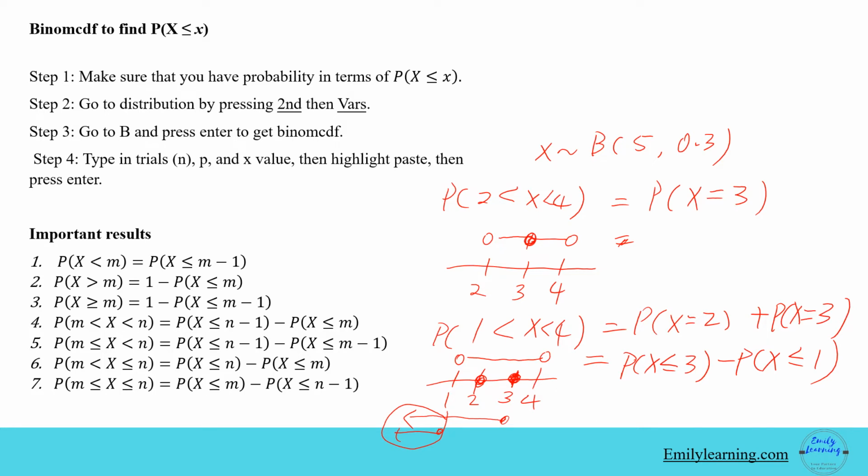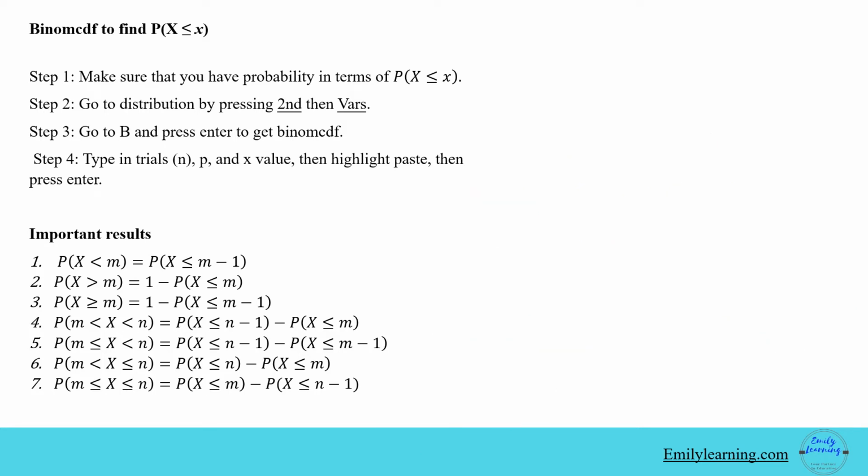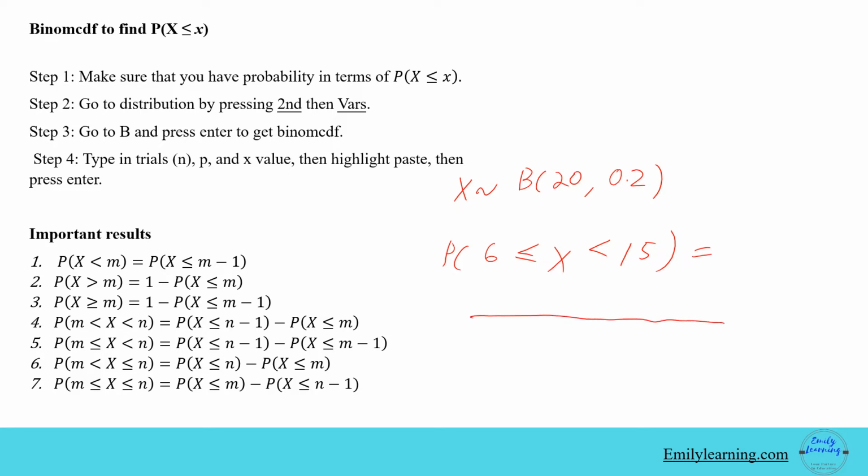Next, I want to go through example 5. So let me erase all again. And this time I want to use maybe another example, another binomial distribution. Maybe I have B of 20 and 0.2. Okay, so now let's look at 5. So let's assume that I'm interested in x is in between 6 and 15. So now I know I don't need 15, so I start from 14, right? So I'm interested in 14. Then I want to include 6.